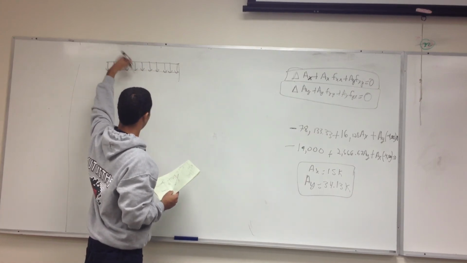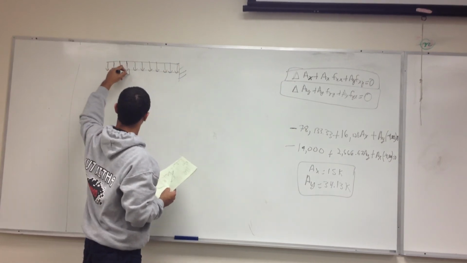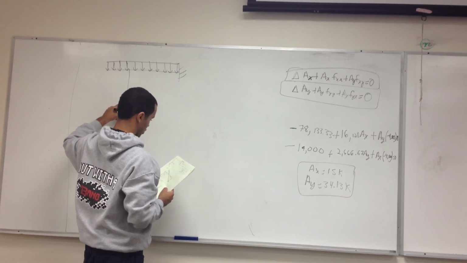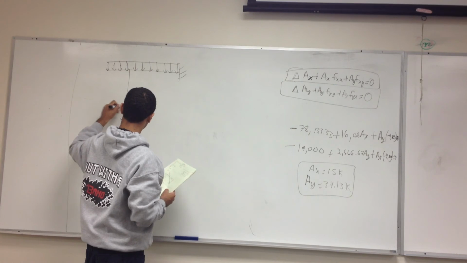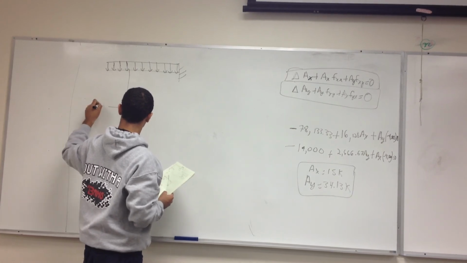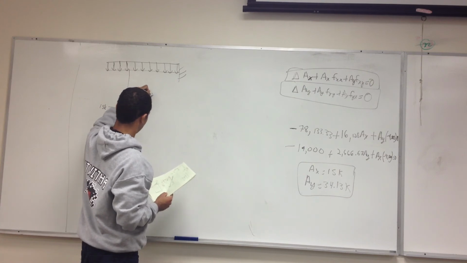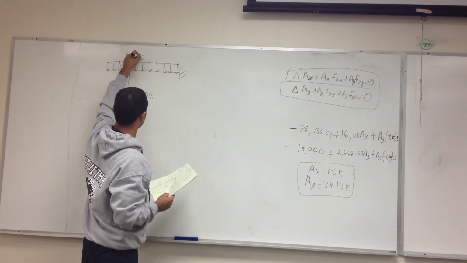So we redraw our original frame, and this time we have our reactions at the bottom. We have 34.13K and 15K, and we have 25K. And we have our distributed load being 2.5K per foot.